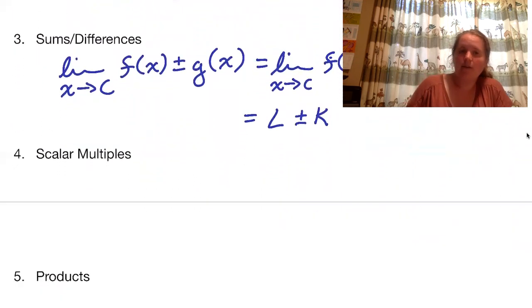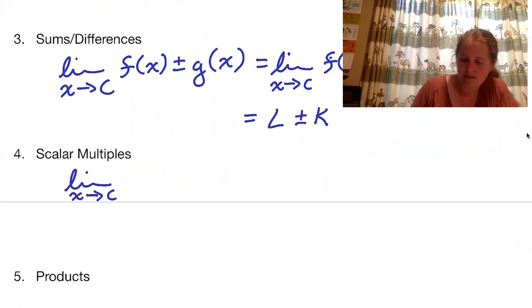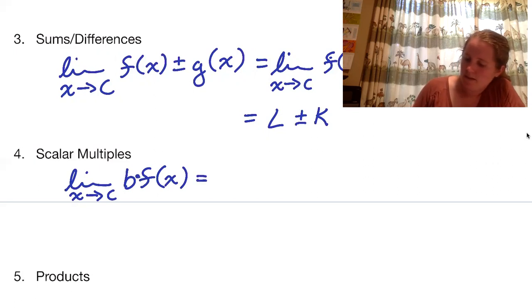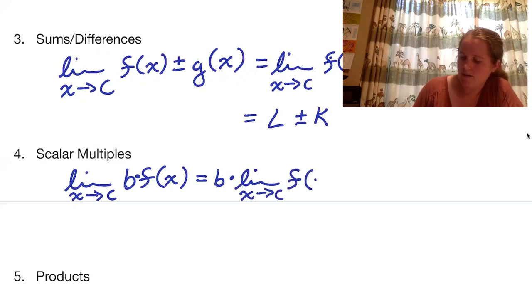Next up, we have scalar multiples. So this is the limit as x goes to c of b times f of x. This is the same thing as b times the limit as x goes to c of f of x.